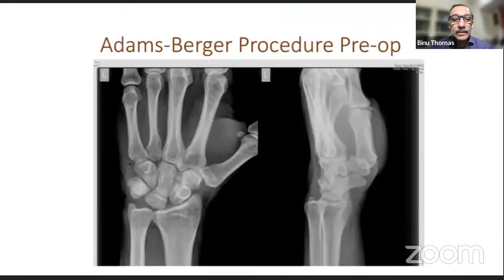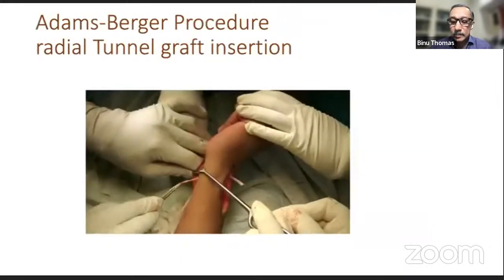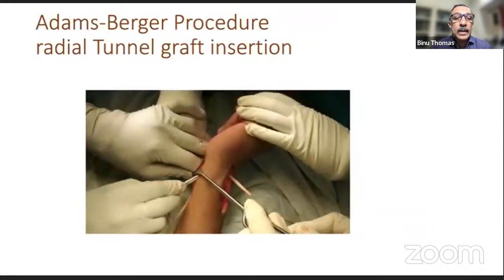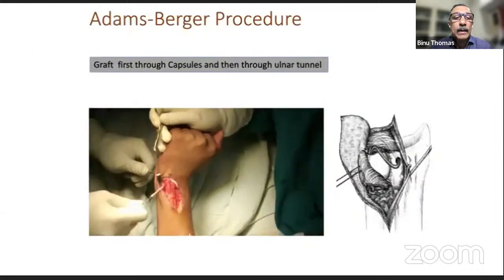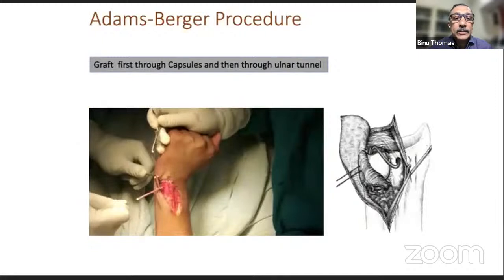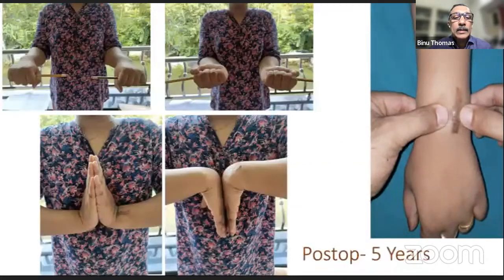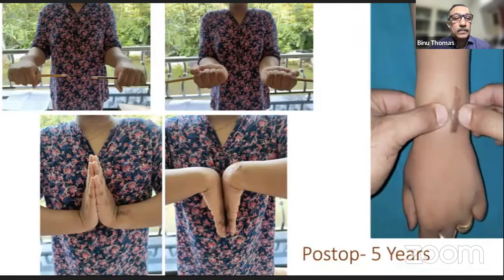The ulnar head subluxed dorsally. It was treated by the Adams-Berger procedure. That's the tendon being tunneled through the radial drill holes and then brought out through the ulnar and tied together. And that is the joint after suturing. You can see that. And this is post-operatively 5 years, good stability of the joint.